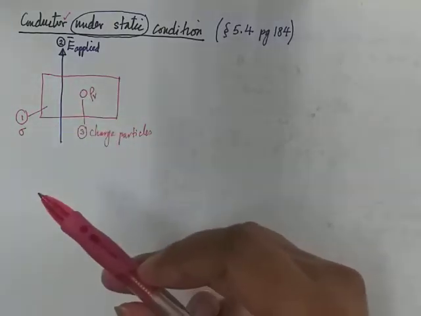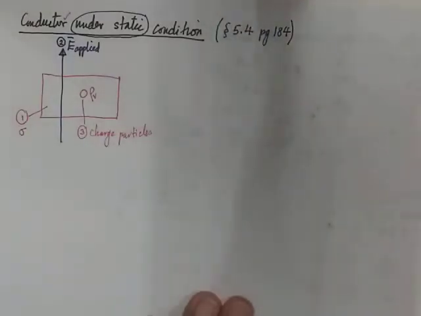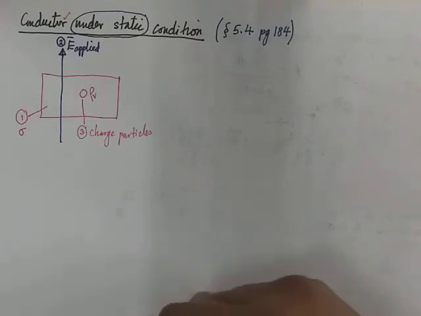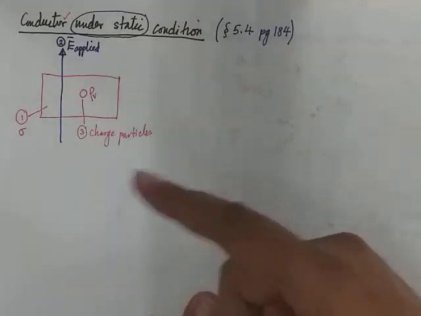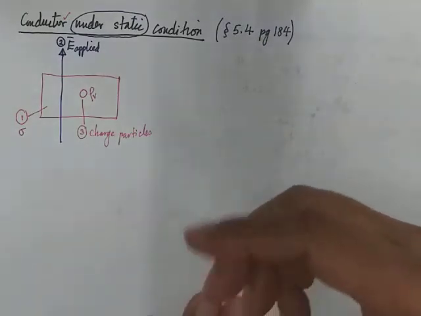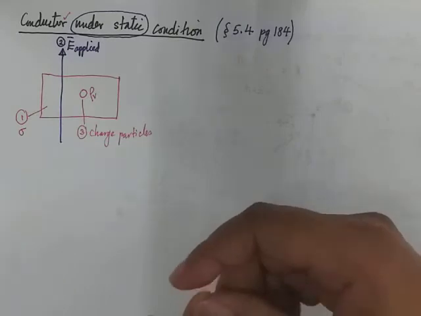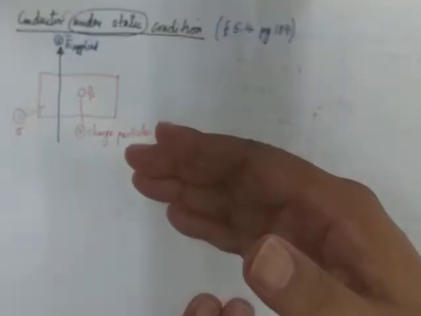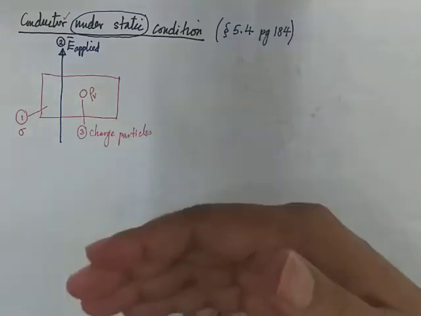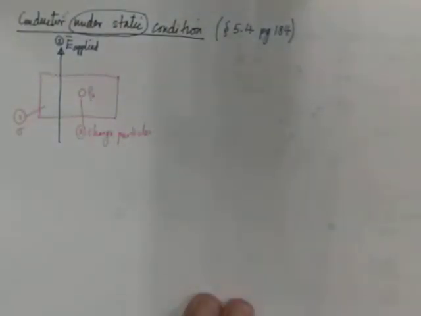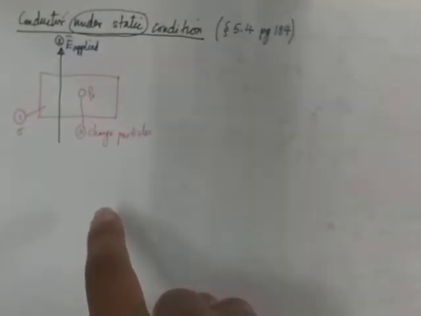When we expose the conductor to the electrostatic field, please remember the difference between this configuration and our previous model of discussion. In the previous model, we assumed the conductor is part of a circuit, so when we expose it to the electric field we create current, because it has a means to flow. But in this discussion, the conductor is floating.